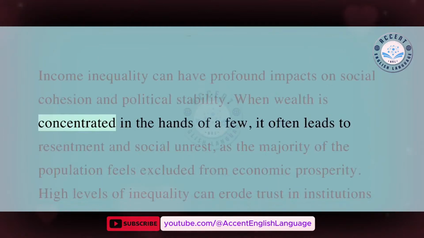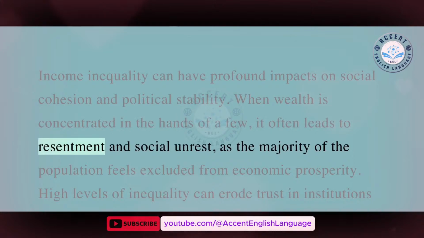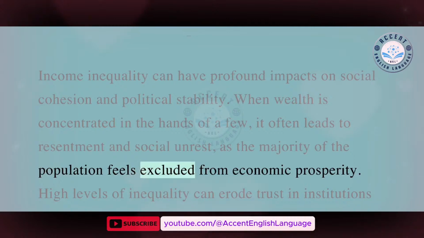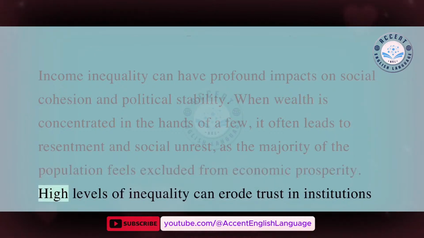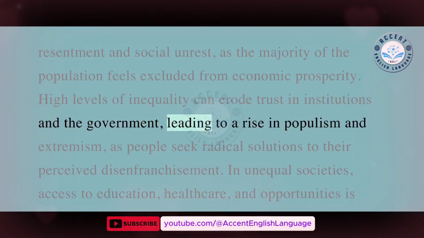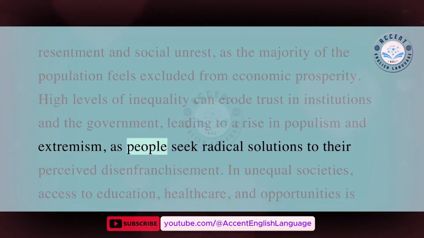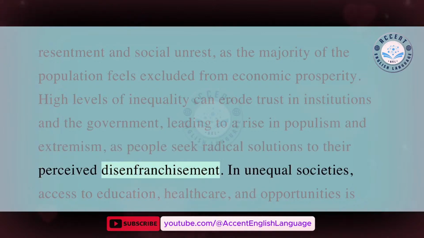When wealth is concentrated in the hands of a few, it often leads to resentment and social unrest, as the majority of the population feels excluded from economic prosperity. High levels of inequality can erode trust in institutions and the government, leading to a rise in populism and extremism, as people seek radical solutions to their perceived disenfranchisement.